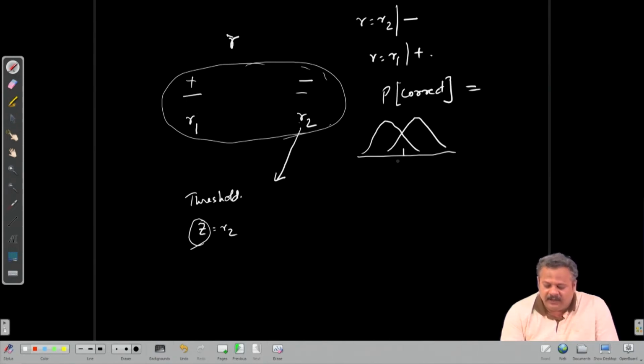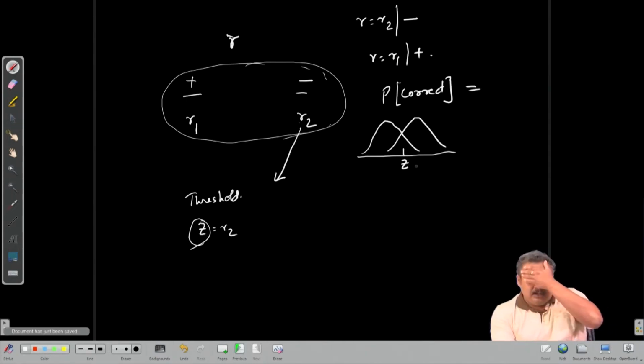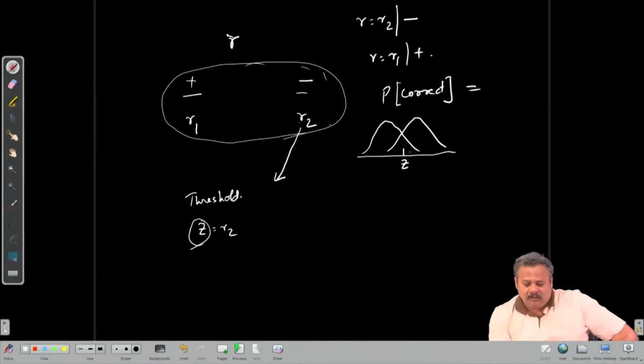We have a particular value of Z, and we need to find out what is the probability of correct. We see that first thing is this Z is our threshold, which is the rate 2, which means that how often will we see that?